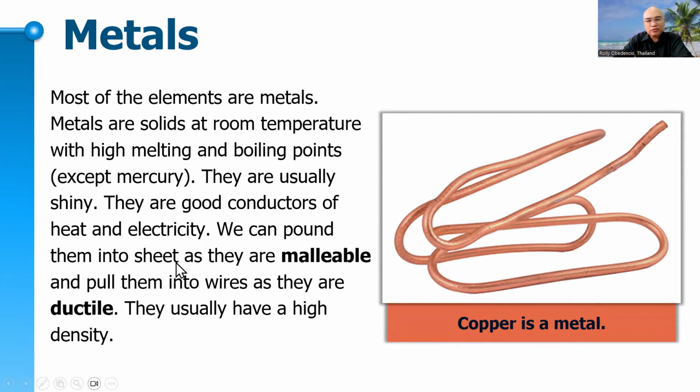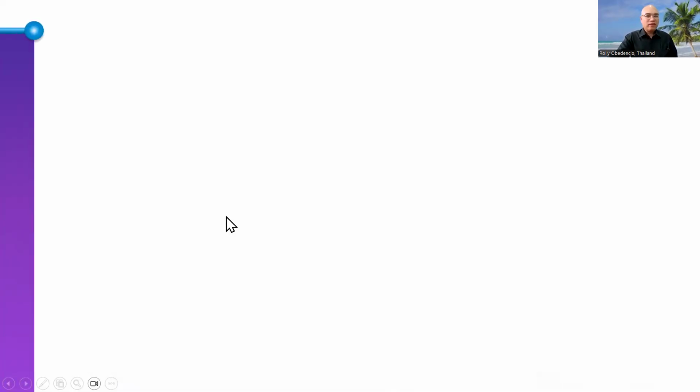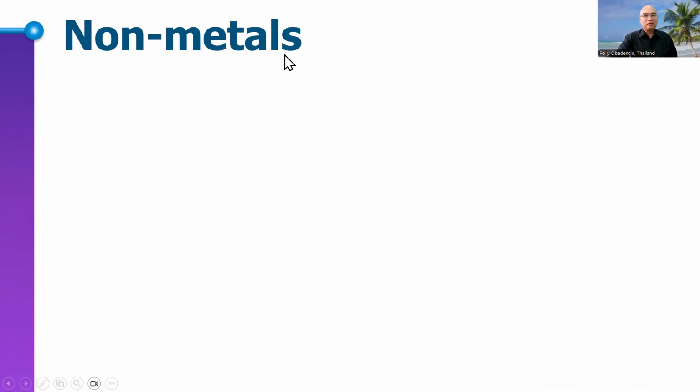We can pound them into sheets as they are malleable, and pull them into wires like this one as they are ductile. They usually have a high density, very dense, okay? That's why it's hard.